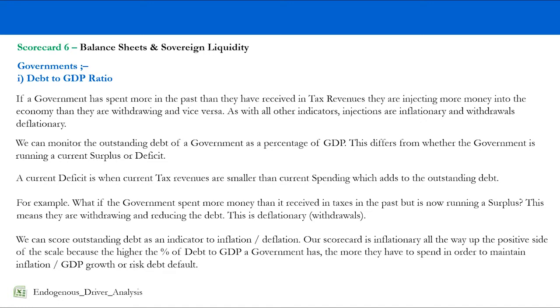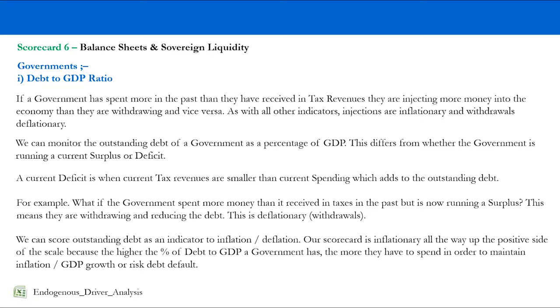So what we're looking at now is just the level of all the outstanding debt, not any new debt taken on. A current deficit is when current tax revenues are smaller than current spending, and this adds to the outstanding debt later. The outstanding debt is all spending outpacing revenues from taxes that has been taken on in the past.